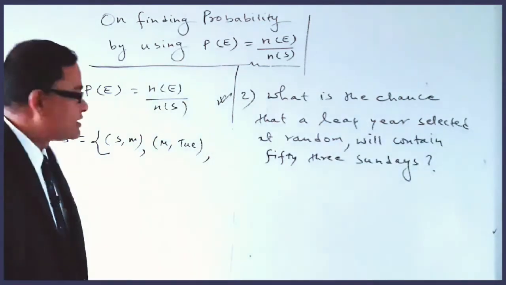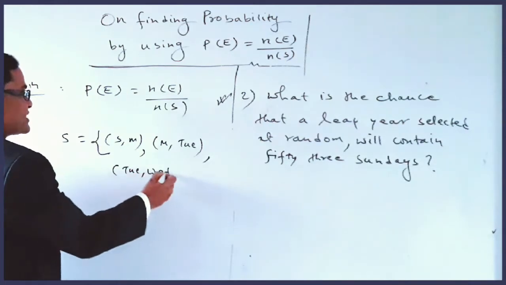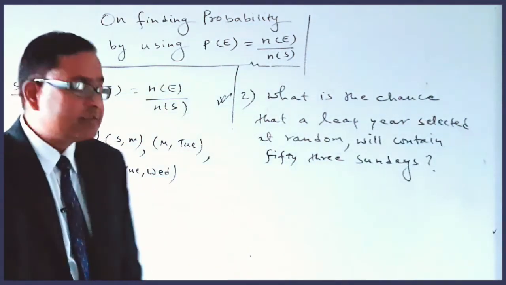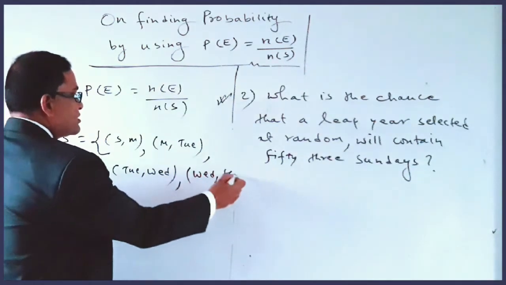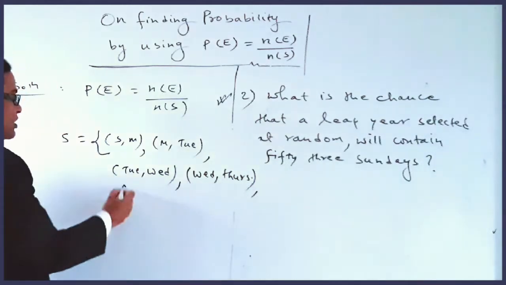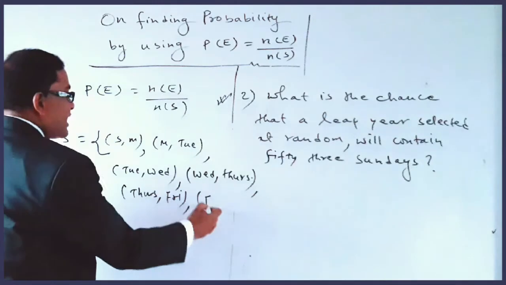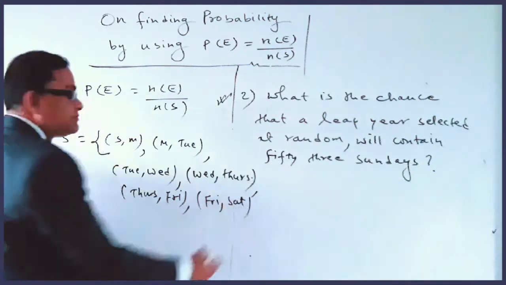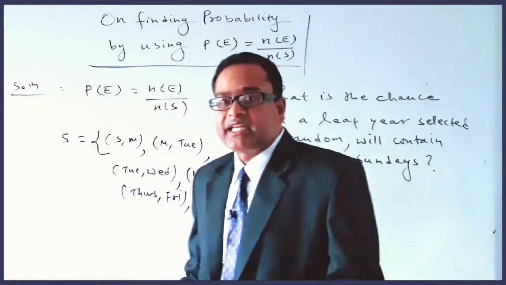Similarly, the 2 days can be Tuesday and Wednesday. Similarly, the remaining extra 2 days can be Wednesday and Thursday. Then Thursday and Friday. Similarly, Friday and Saturday. Likewise, the extra 2 days may be Saturday and Sunday.